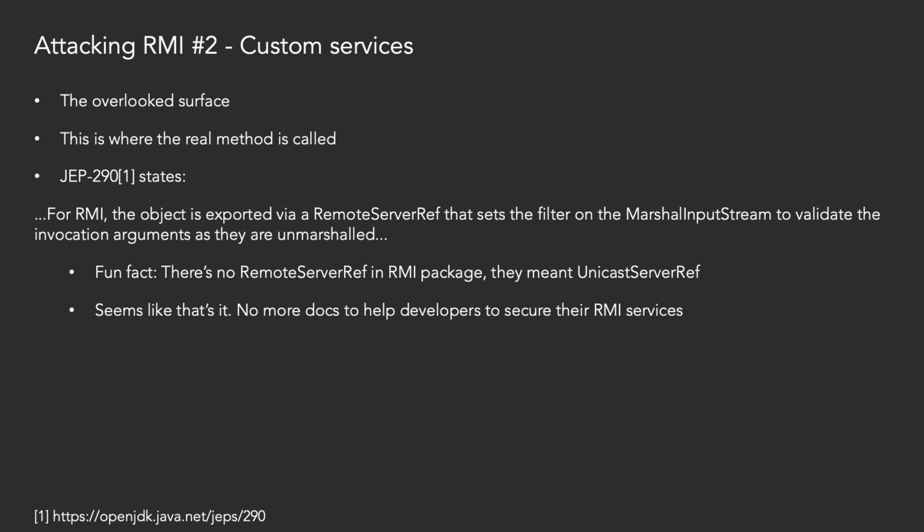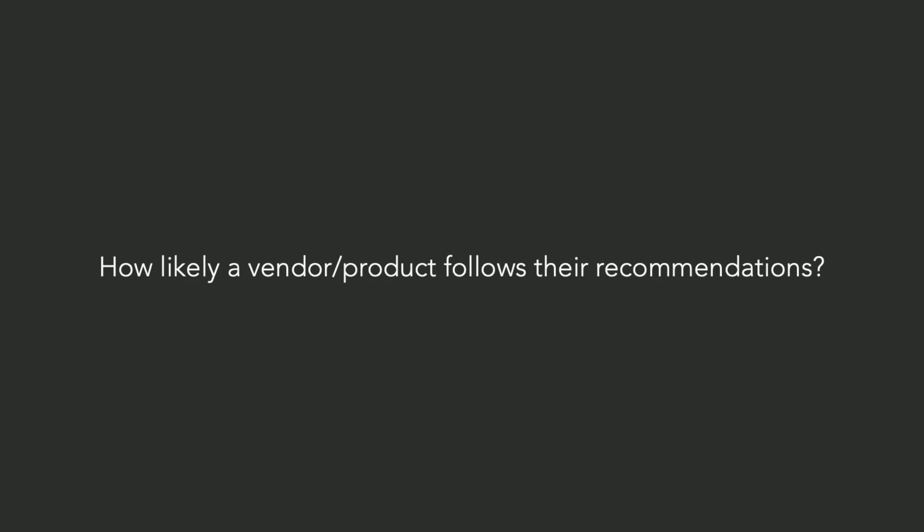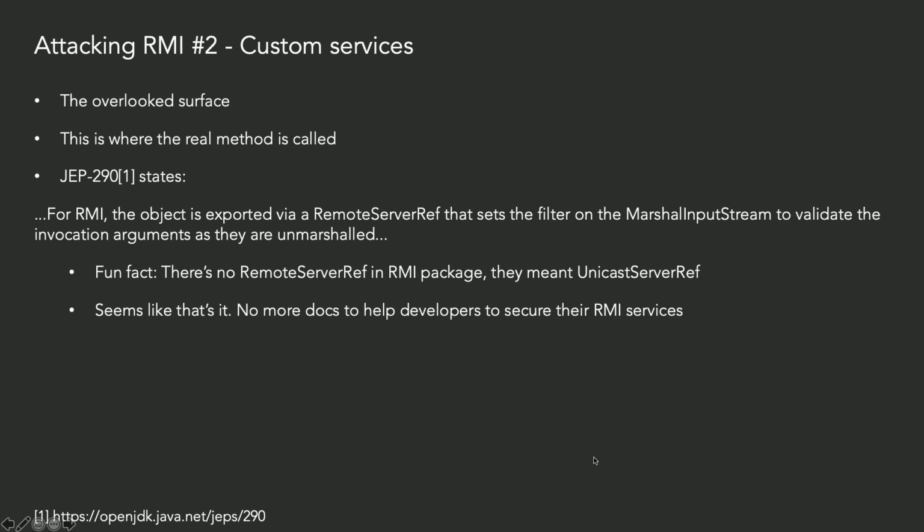So let's talk more about RMI services. As you recall, I also said that there are the custom services. This is actually where the real methods are called. It's kind of an overlooked service, because I haven't seen anyone pay much attention to these kinds of services.